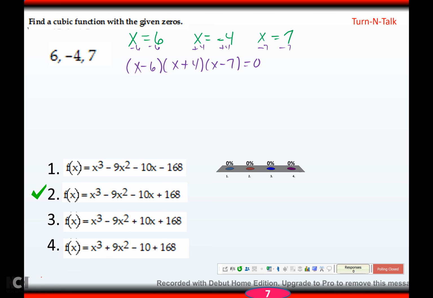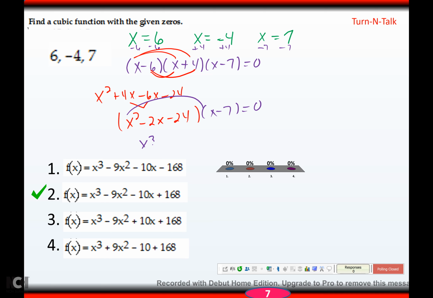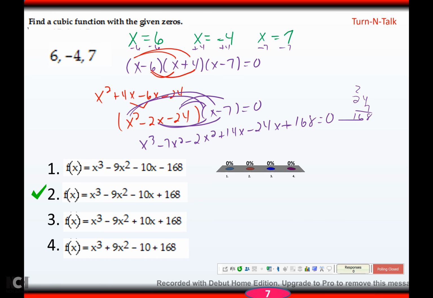Then I start multiplying them together. x times x is x squared. x times 4 is 4x. Minus 6x minus 24. Combine like terms. x squared minus 2x minus 24. Times x minus 7 equals 0. x squared times x is x cubed. Minus 7x squared minus 2x squared plus 14x minus 24x plus 168 equals 0.